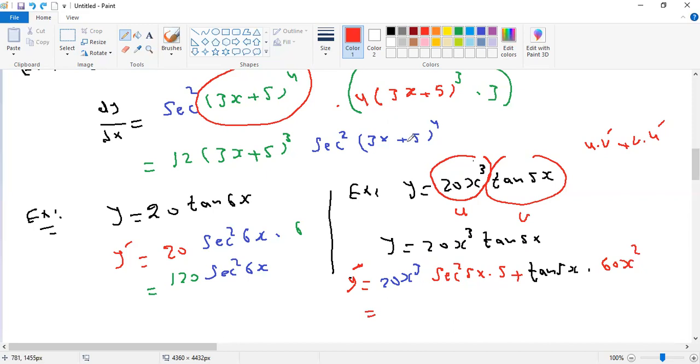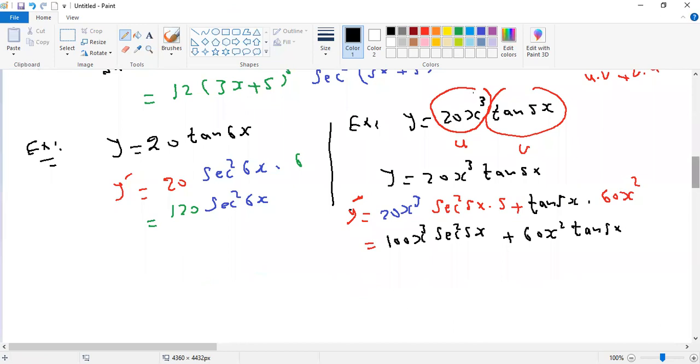So it will be 5 times 20, so the answer is 100x cubed secant squared 5x plus 60x squared tan 5x. Don't multiply 60 by 5x. It's a big mistake. It is 60x squared times tan 5x. Now this is the derivative of the tan.